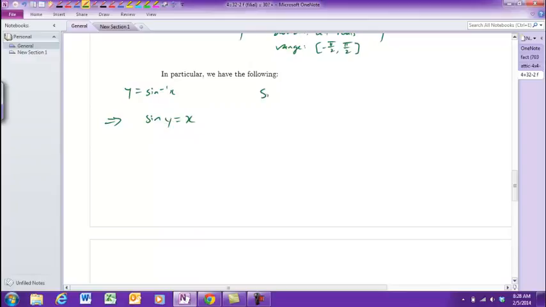So for example, if I was looking for the inverse sine of square root of 2 over 2, and that was equal to y, I would have to ask myself, sine of what thing, sine of y, is equal to the square root of 2 over 2. And then I could look at the unit circle to figure out, oh, y has to equal pi over 4.